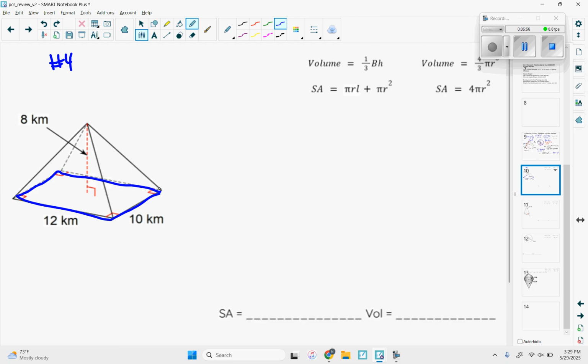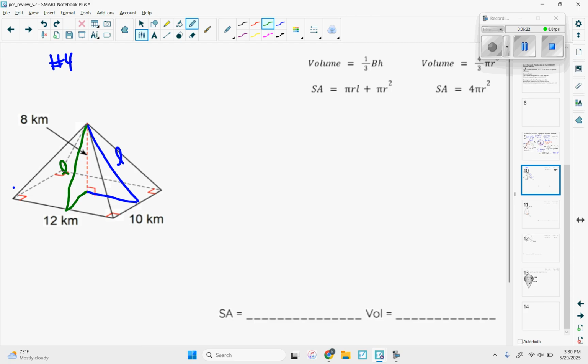And because it has a rectangular base, when we draw our triangles in here to find our slant heights, what we'll notice is we're going to get 2 different triangles, depending on which triangle face you're working with.